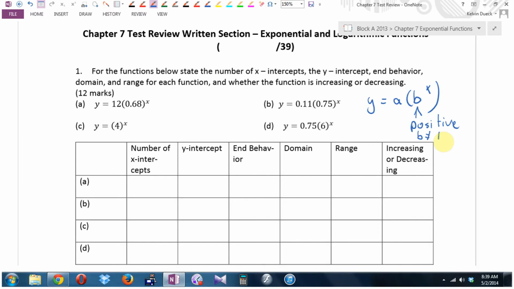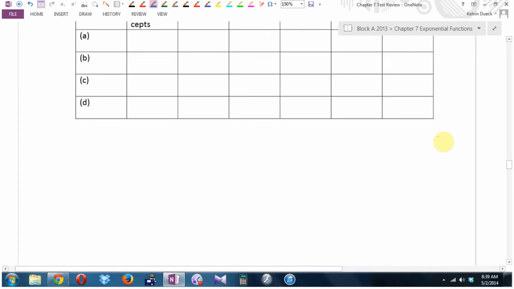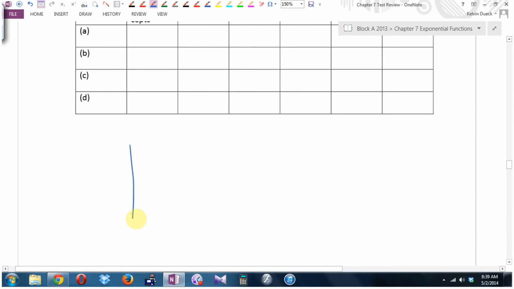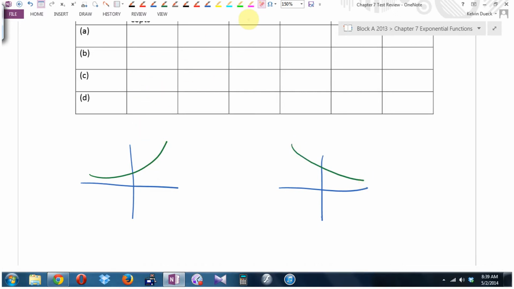All right. What do they all look like? Well, every single exponential graph looks like this, or like that. Kind of like that. Okay, they all look like this. This is when b is bigger than 1, the base.